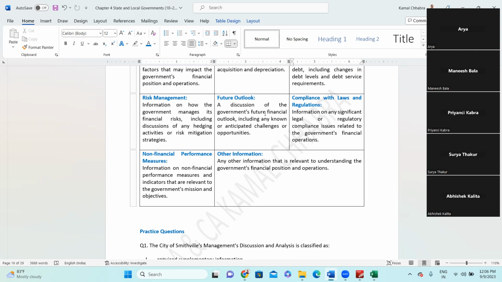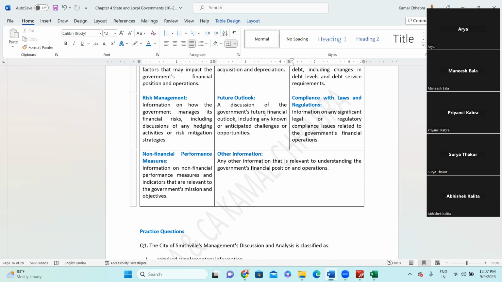The next one is compliance with law and regulation. Information on any significant legal or regulatory compliance issue related to government financial operations. Then non-financial performance measures. There are certain measures which are non-financial performance. That means whether the company has a young and energetic team or whether the company has all 50-year or 60-year-old employees. This is a non-financial measure, but it impacts the user of the financial statement, right?